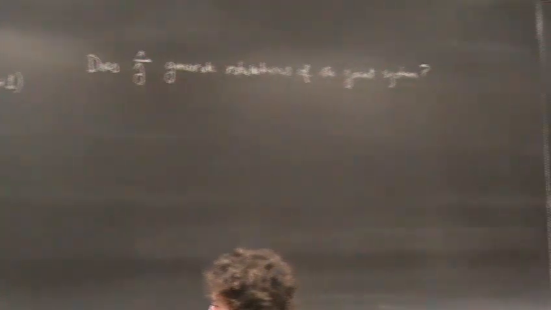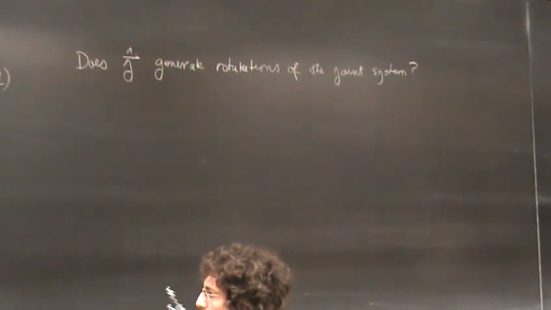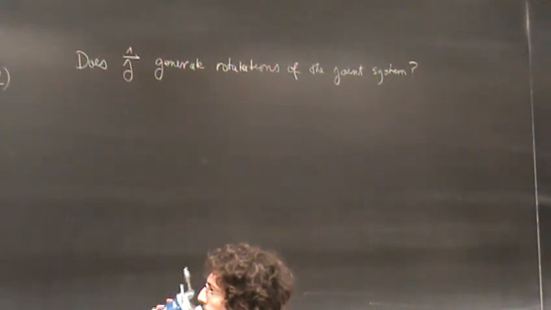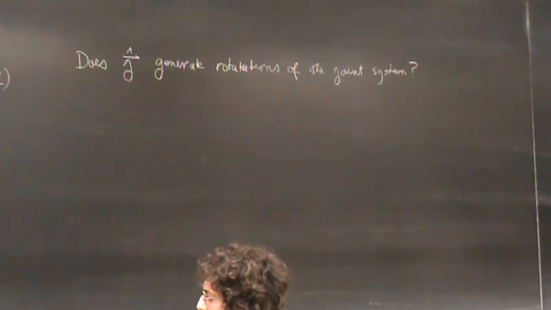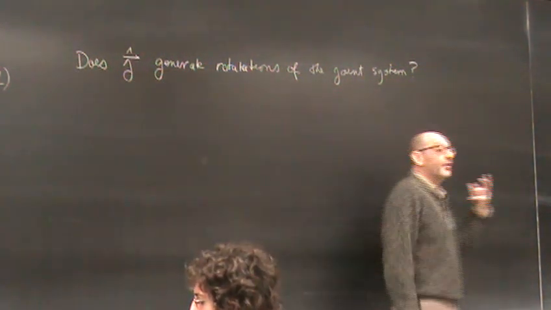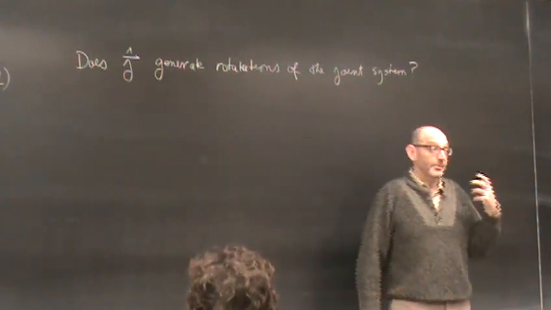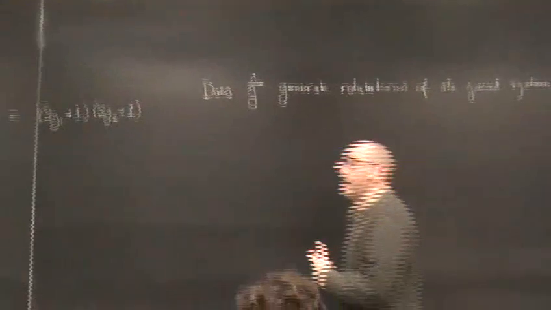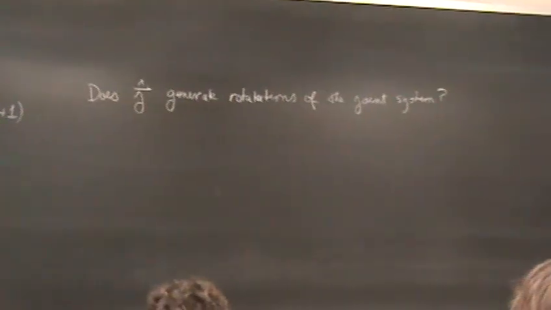Well, the way in which we just saw that an operator J is a generator of rotations is if it satisfies the right algebra, right? And the algebra is defined by the commutation relations.